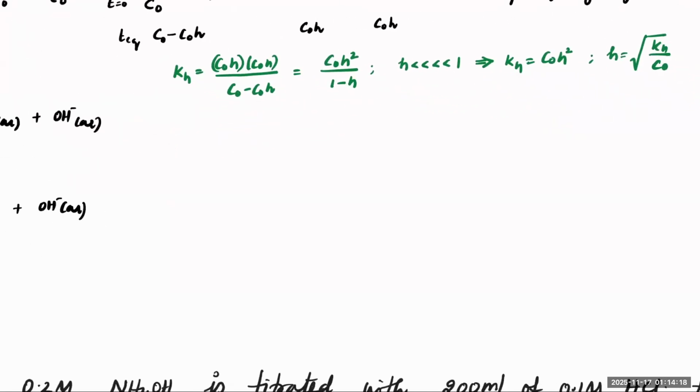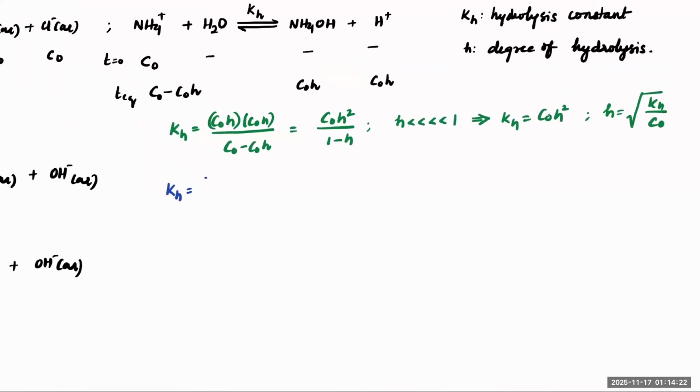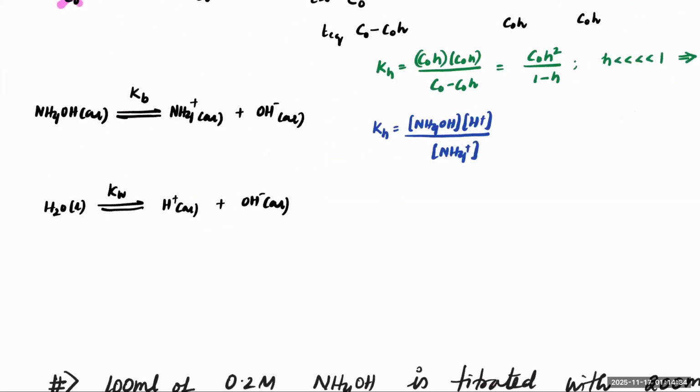And on the other hand, we also know that Kh can be represented as the concentration of NH4OH multiplied by H plus divided by NH4 plus. Correct. While Kb can be represented as the concentration of NH4 plus into OH minus concentration divided by NH4OH.